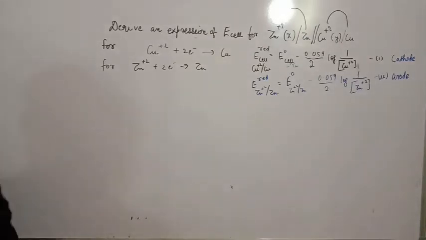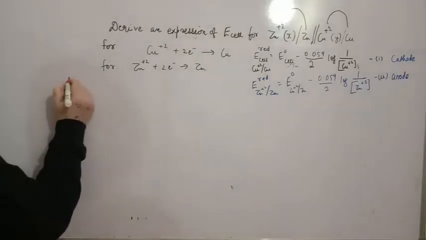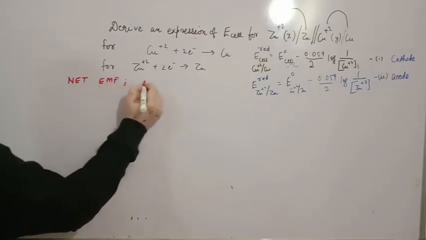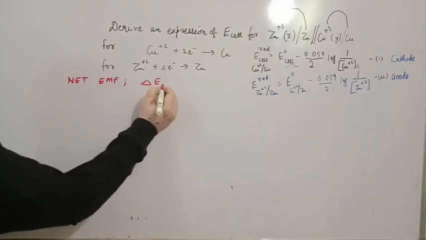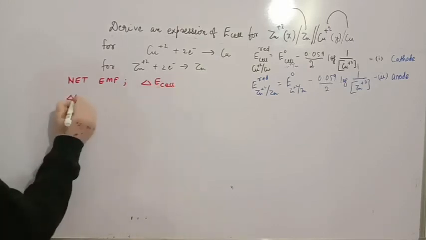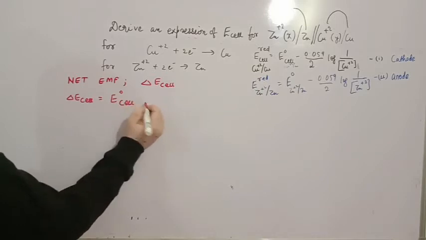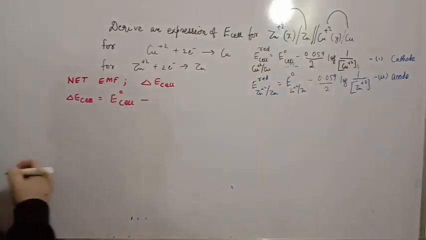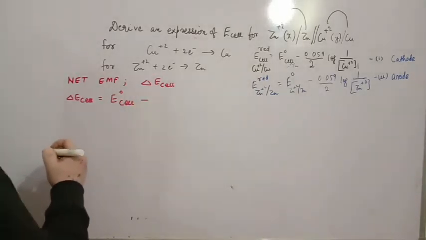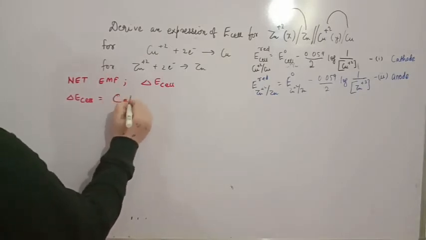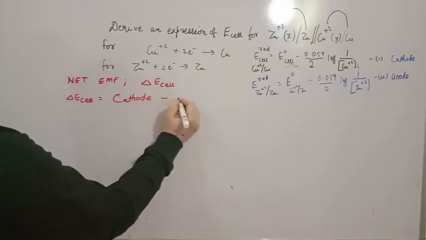So net EMF, that means delta E cell, will be equal to cathode minus anode.